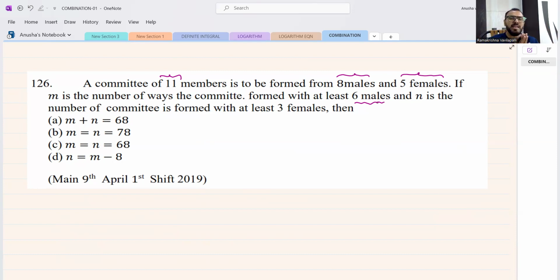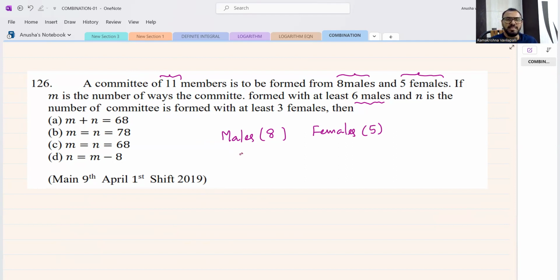First, we will calculate the number of committees with at least 6 males. Well, I'll write here. Males. Okay, we have 8 males. And females. We have 5 females. We want to select 11 members, remember.